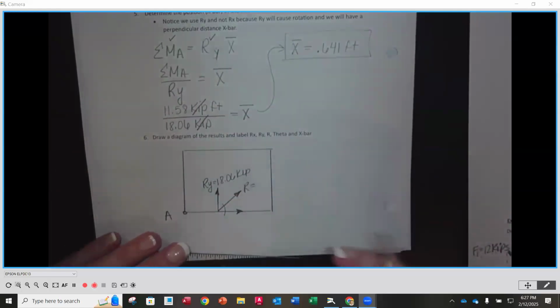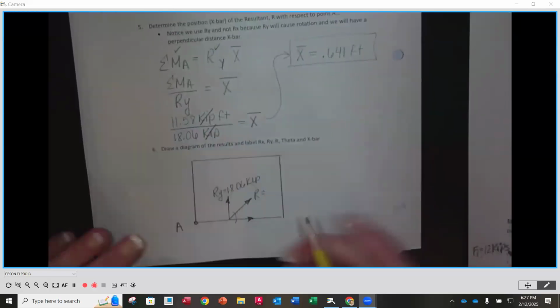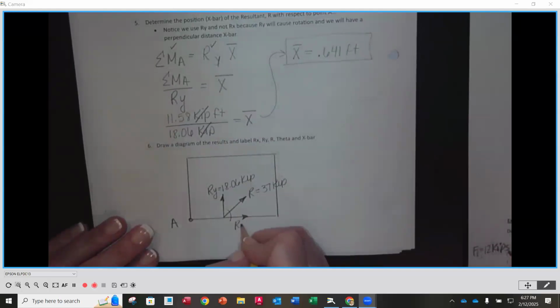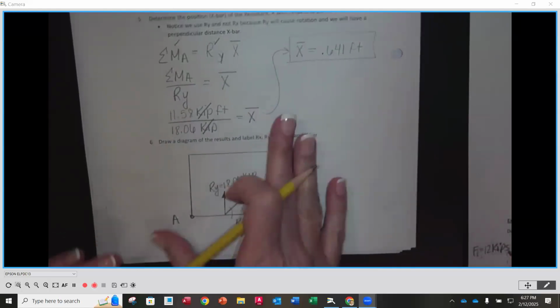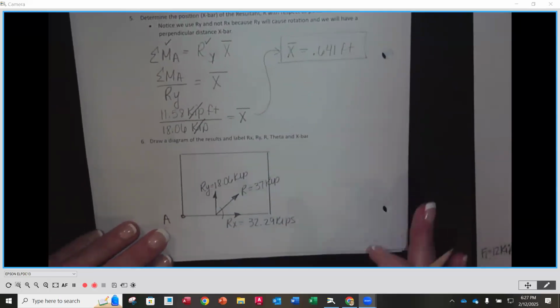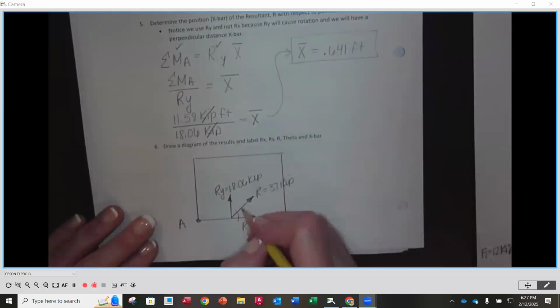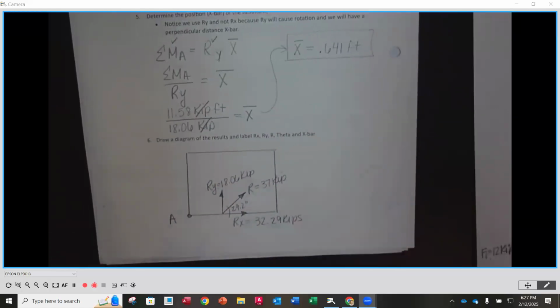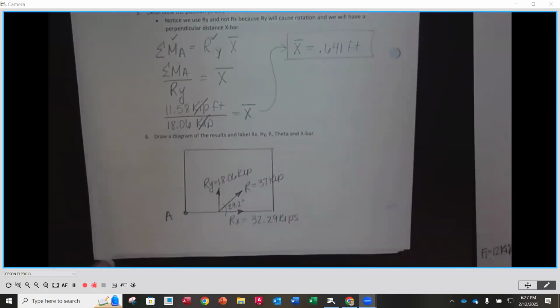My R is equal to 37 kips. My RX is equal to 32.29. Okay. My theta is 29.2 degrees. So again, this lets me know that you understand all the values that you just calculated.